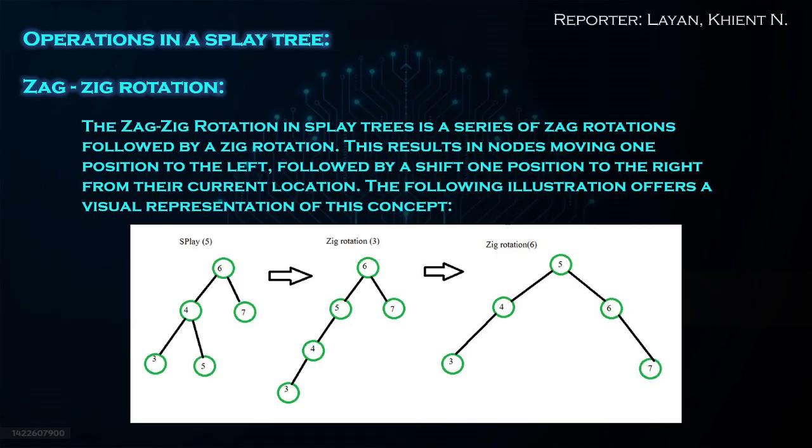In this rotation, just move the node 5 to the left, and then its parent becomes its child, but the other child of the node 4 is still its child. Then the node 5 moves to the right, and then the node 5 finally becomes the root. And that's how the zagzig rotation works.